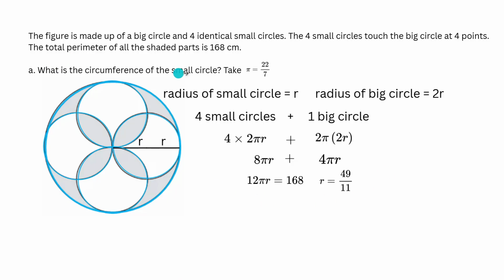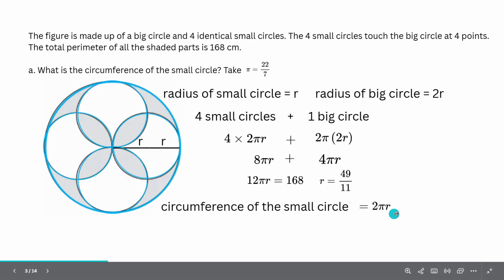So the question is, what is the circumference of this small circle? And we know that the circumference of the small circle is just 2 pi r. So we are going to find only the circumference of one small circle, and that is equal to 2 pi r.